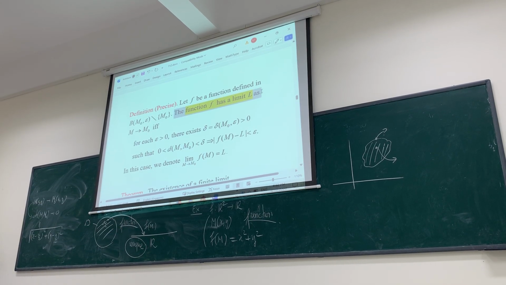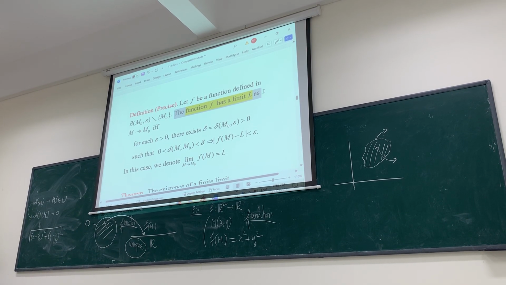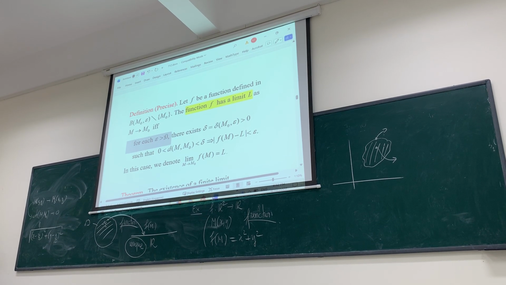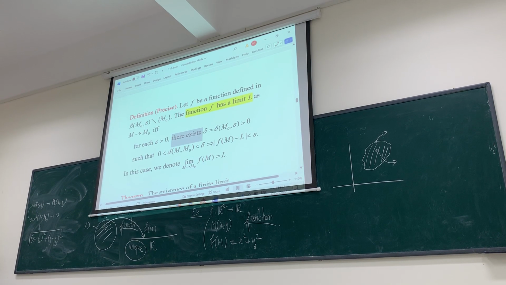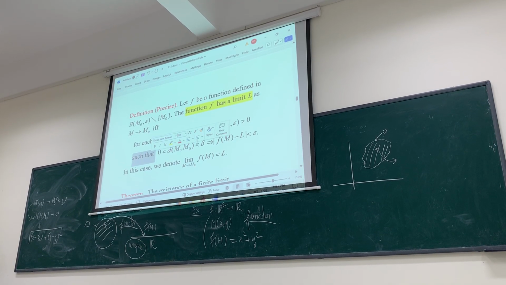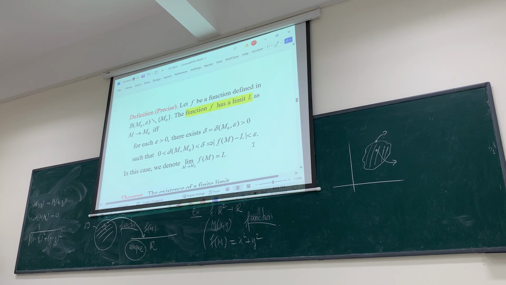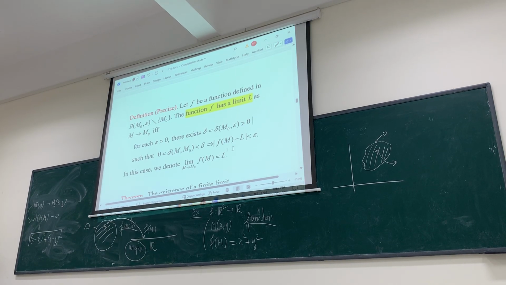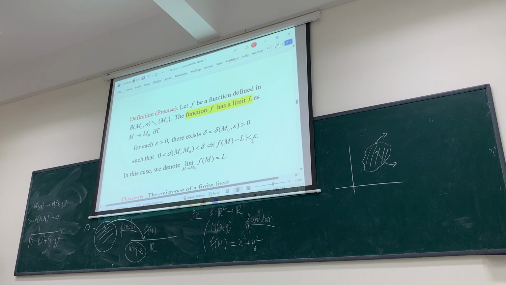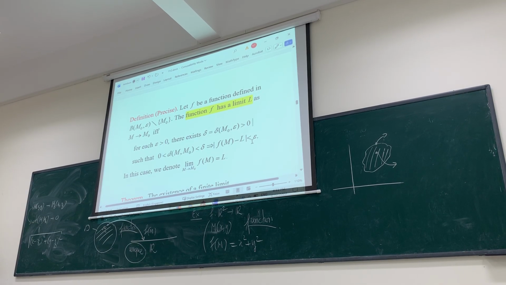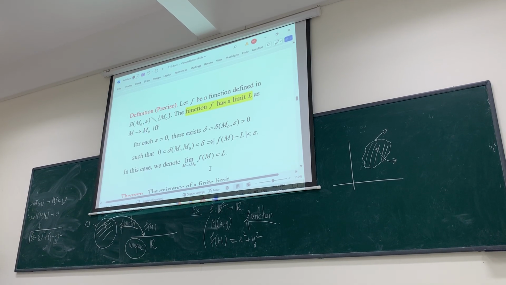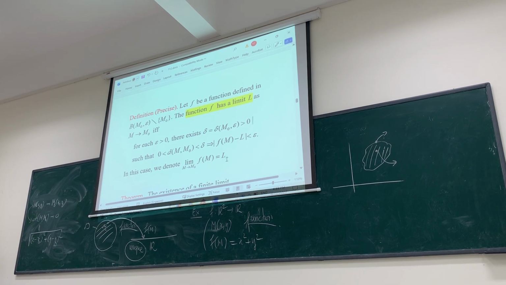The function f has a limit L as M tends to M0 if for each epsilon positive there exists delta, depending on M0 and epsilon, such that if the distance between M and M0 is less than delta, we have |f(M) minus L| less than epsilon. In this case, we denote the limit as M tends to M0 of f(M) equals L.